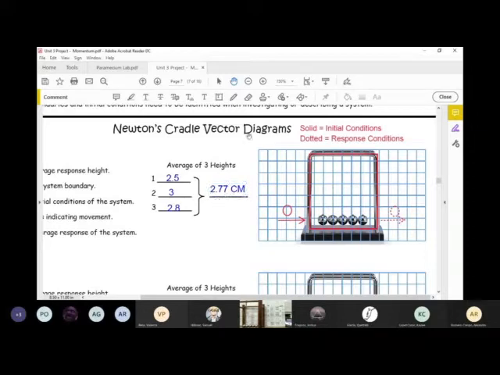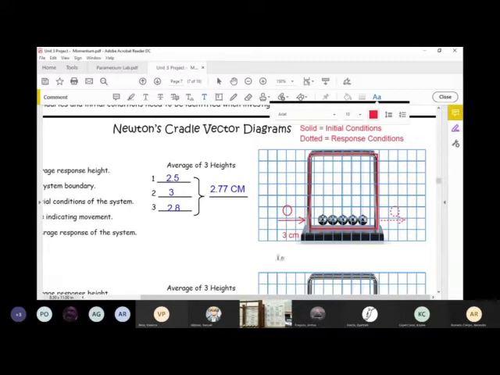Now there's one more thing I should do here, and that is label on the vectors, well, we're going to label the height.